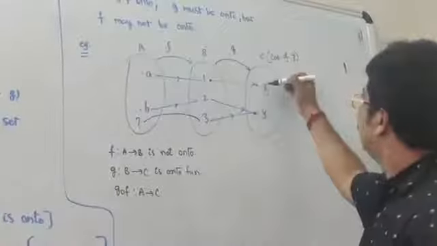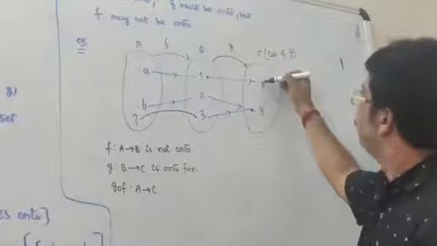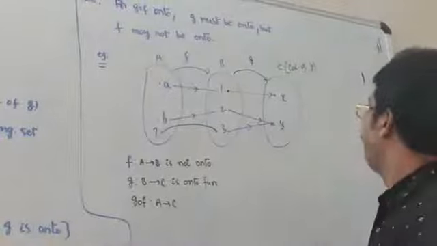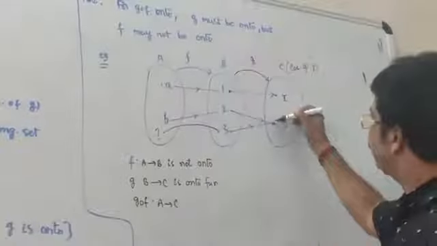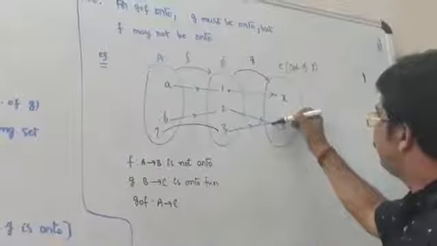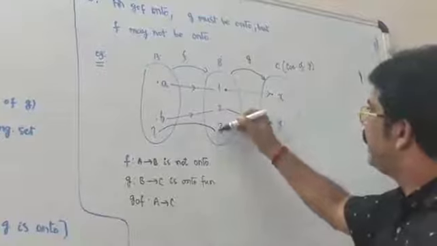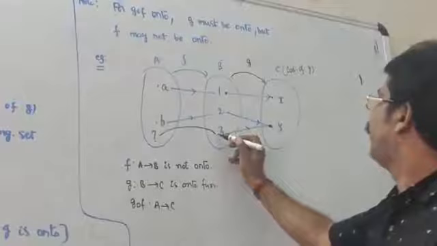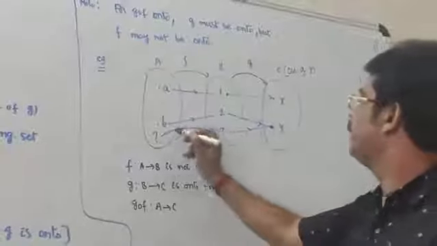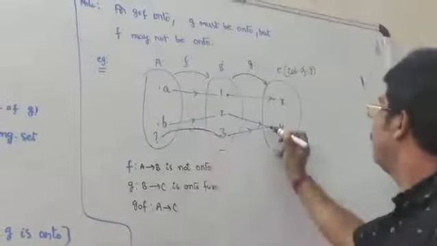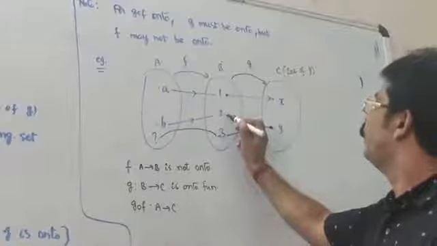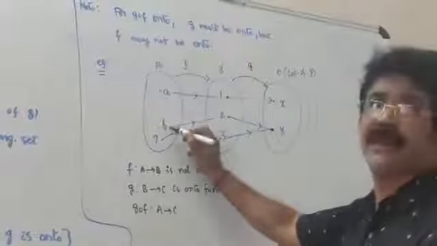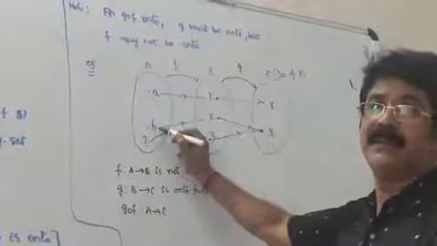Therefore, its pre-image is small a in capital A. Similarly, y is the image of 2, and 2 is the image of b. Understand?